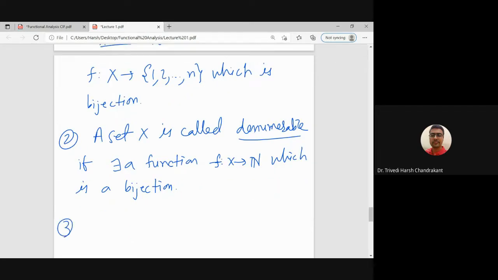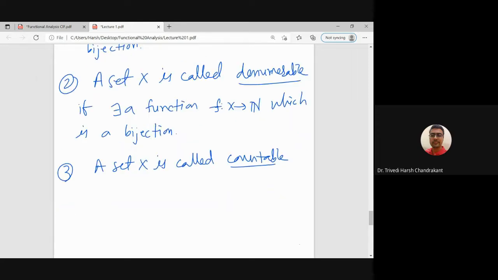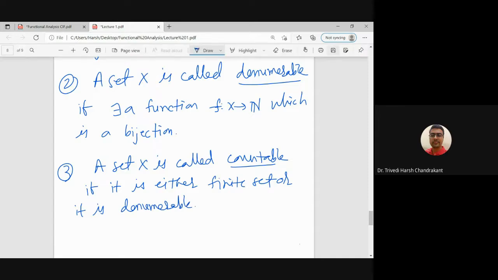And a set X is called countable if it is either a finite set or it is denumerable. Denumerable sometimes is known as a countably infinite set, right?